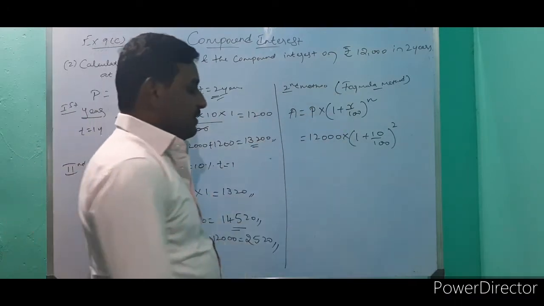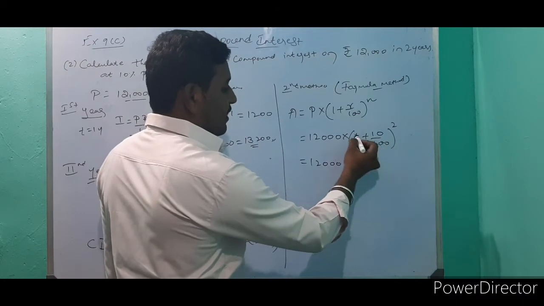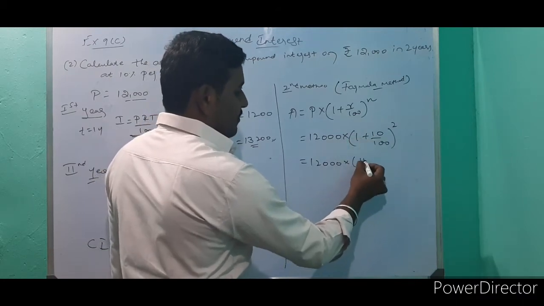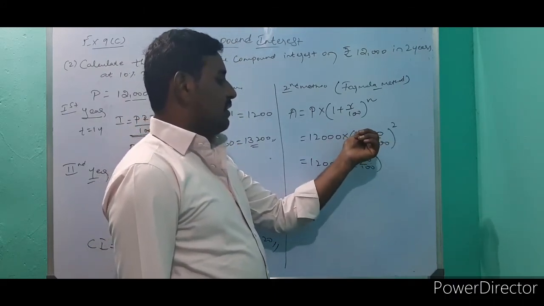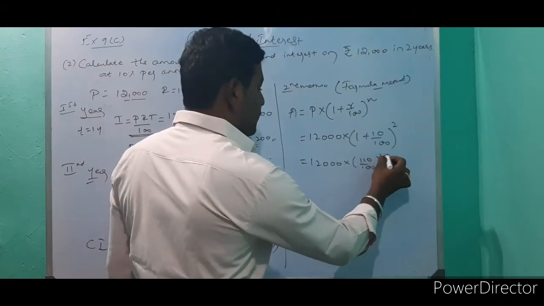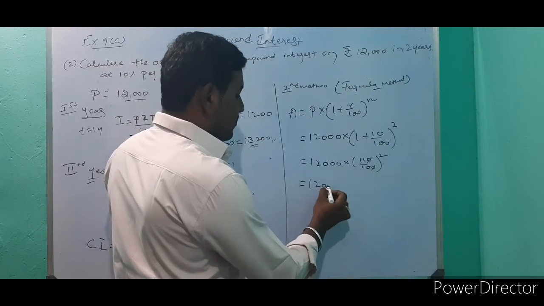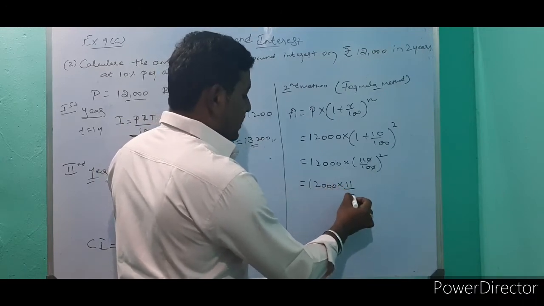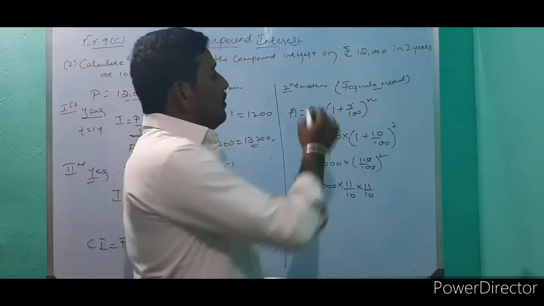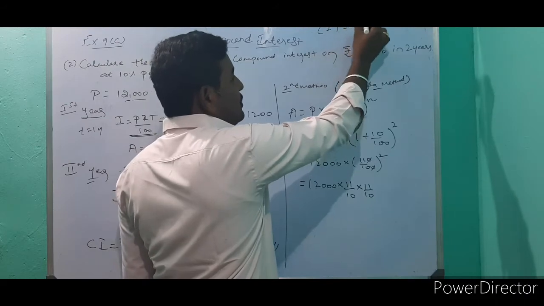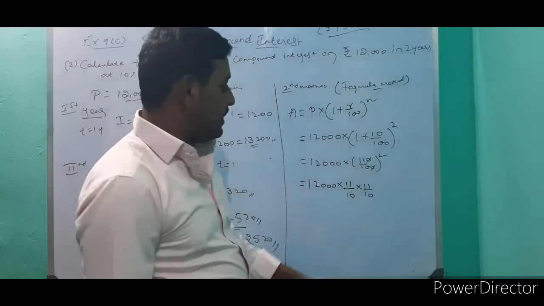In the second, formula method, you consider it directly. So here 100 into 1 is 100, 100 plus 10 is 110. If you take the LCM, 100 ones are 100, 100 plus 10 is 110, divided by 100, whole to the power 2. Here 10 and 10 get cancelled inside the bracket. That implies 12,000 into 11 by 10 into 11 by 10, because 11 by 10 whole square means 11 by 10 into 11 by 10.